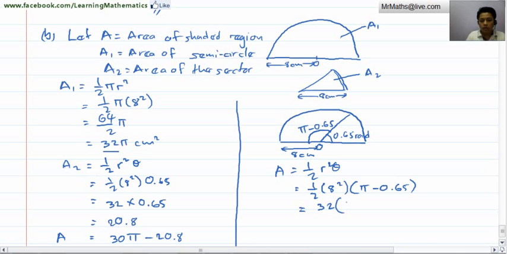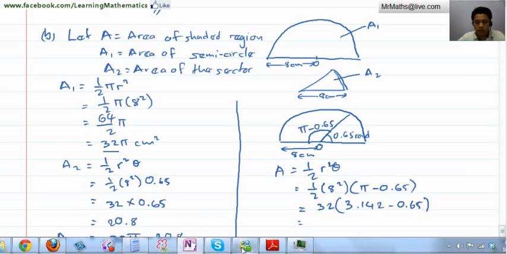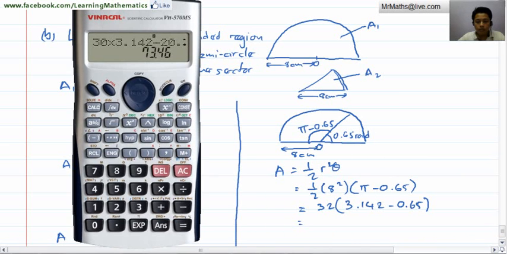Pi is 3.142 minus 0.65, and that works out to, calculator, 3.142 minus 0.65, and then times 32. Why is the answer different?